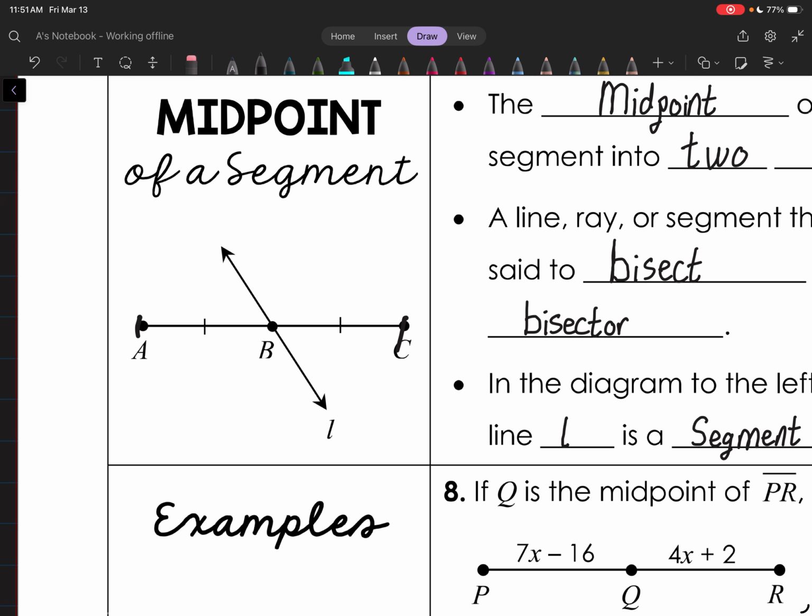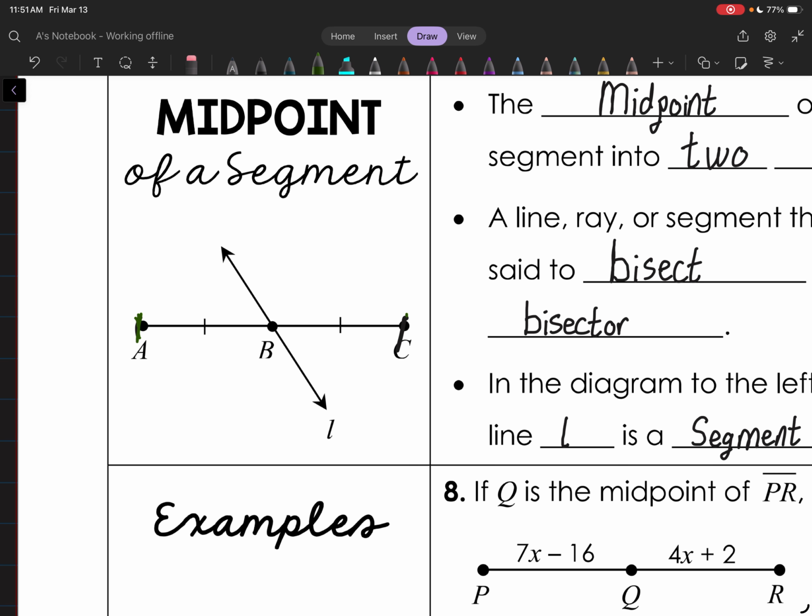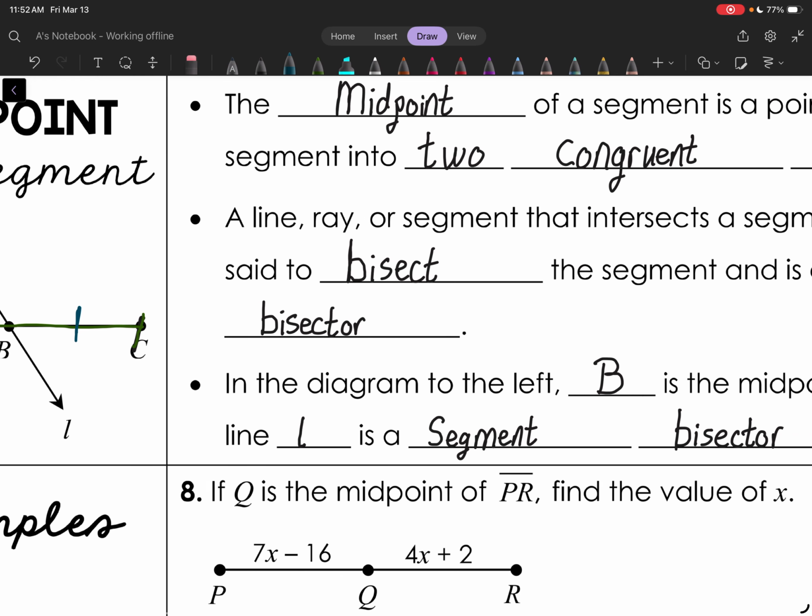The midpoint of a line segment. If I were to have line segment A to C, and I cut this in half with any line, so in this case the line is line L passing through point B, such that from B to C is the same length as A to B, we have a midpoint of this line segment.